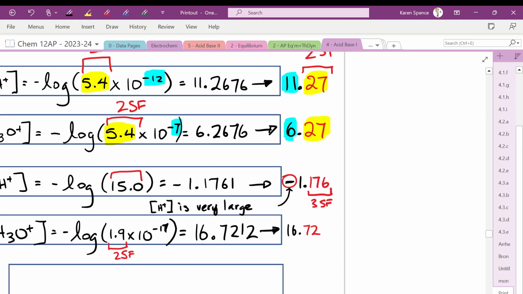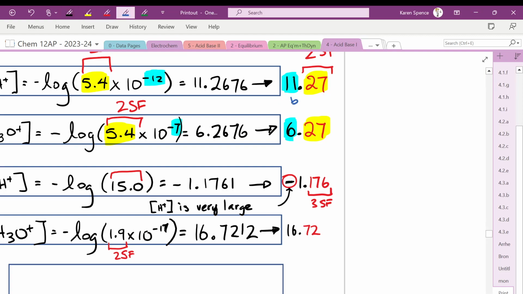And let's take a look at each of these pHs and decide, is the solution acidic, basic, or neutral? Did I make a mistake? You guys got a question? No? Okay. So, 11.27, acidic, basic, or neutral?